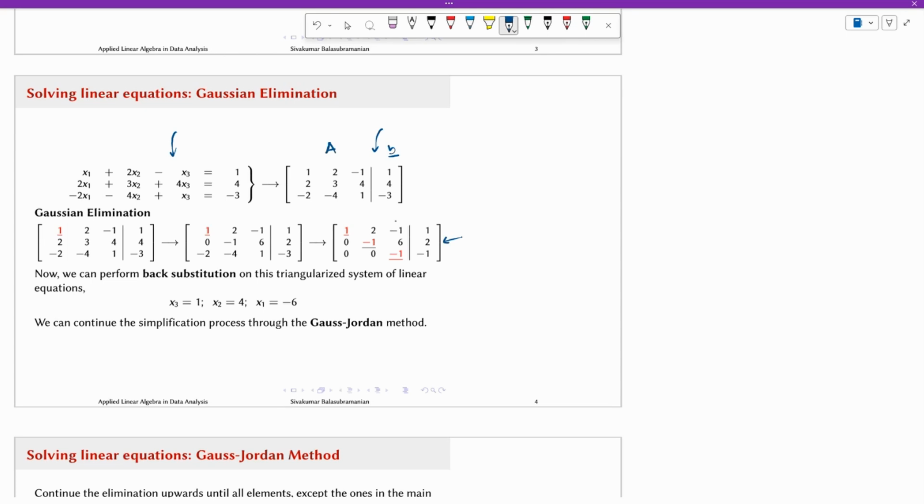What do you notice about the shape of A here? Does this modified A have a special shape? It does. What is it? Yes, that's correct. This is upper triangular.